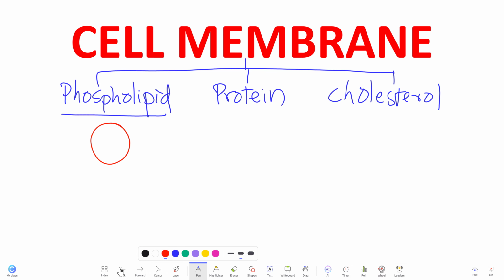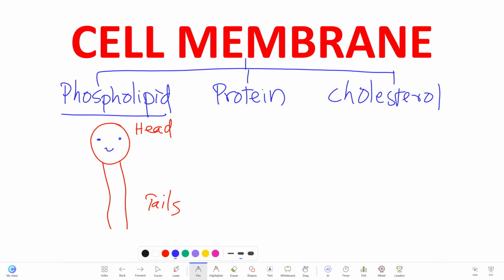Okay. That's phospholipid. This is one phospholipid molecule. It has head and two tails. Okay. What do you find here? Head and tail. Okay. We'll animate it so it looks nice. Head and tail. What's special about the head? It likes water.